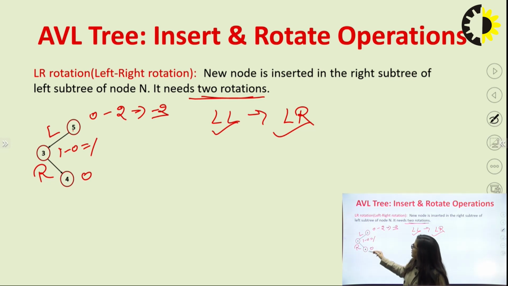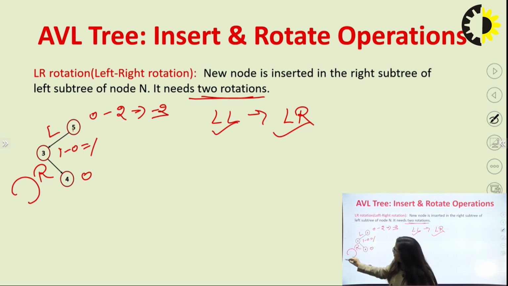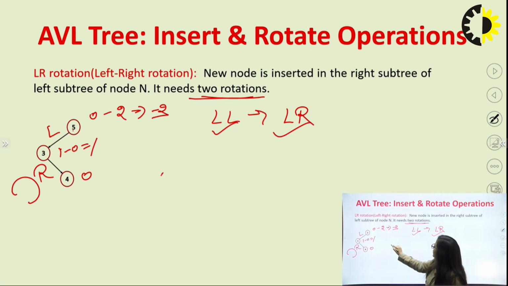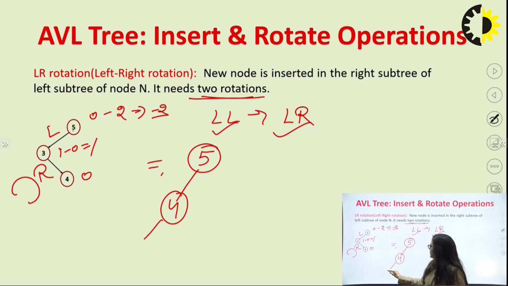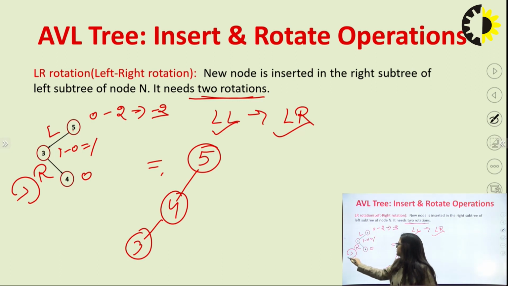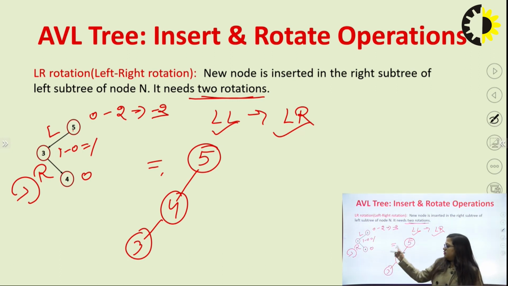If you do LL, then move to this number, like this form. 5 is here, 4 moves like this, then 3. Again it moves in this direction, so it is L and again L.